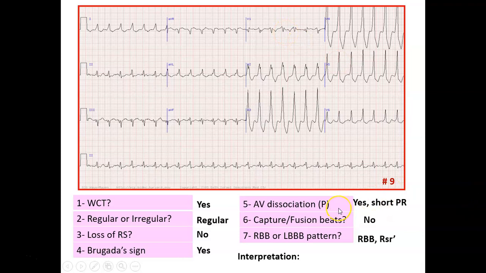So at some points it looks like ventricular tachycardia, and at other points it looks like SVT with aberrant conduction. It's a narrow complex tachycardia, so it's difficult to differentiate. In such cases, we say this is wide complex tachycardia, but of uncertain origin.